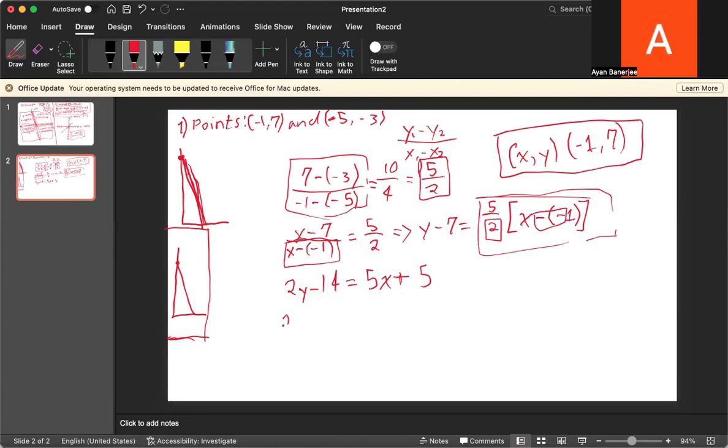We get 2y minus 5x is equal to 5 plus 14, which is equal to 19. So our standard form would be 2y minus 5x is equal to 19.